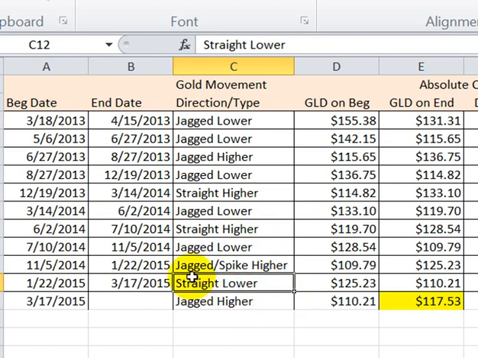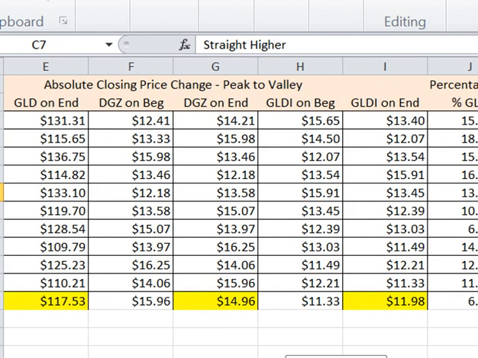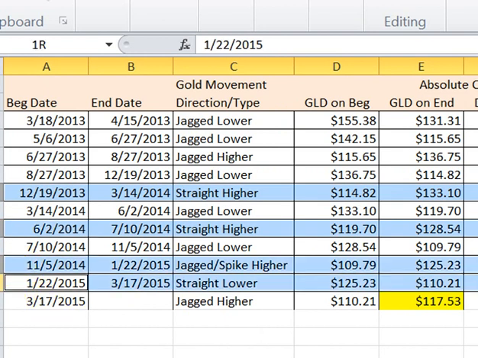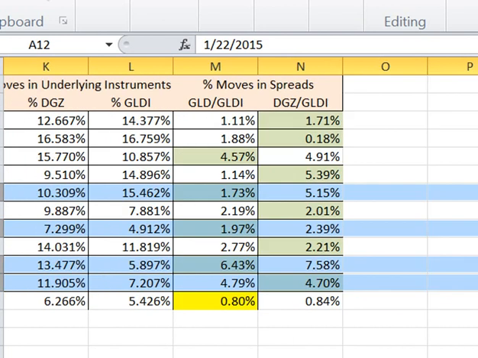Like here was a spike higher, here was a straight higher, and a straight lower. When it does the straight moves, you tend to get the largest variation. To show you that, let me slide this over for you. So I'm going to highlight the ones that went straight higher, that's these, and straight lower, right? Not jagged. And I'm going to scroll over on this spreadsheet to show you the returns of those.